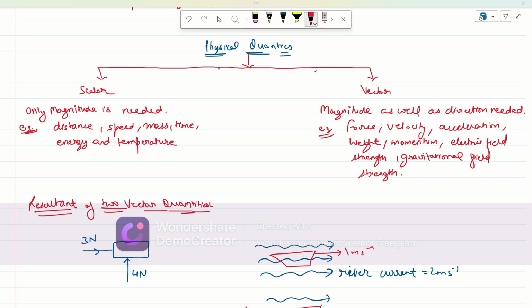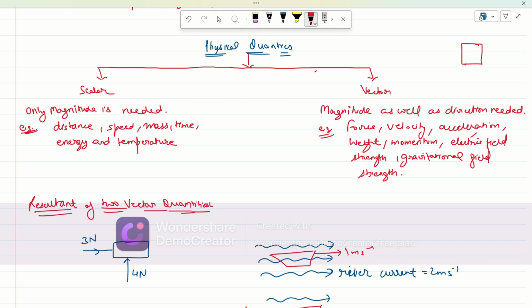Physical quantities can be defined in two ways: scalar quantities and vector quantities. Scalar quantities are those quantities which need only magnitude. For example, if I ask you what is the time taken by you to reach your school from your home, you can say 15 minutes, 20 minutes. You need not define any direction. But there are some quantities for which you have to mention direction as well as magnitude. For example, if this is a box and a 5 Newton force is applied on this box, in which direction can it move?